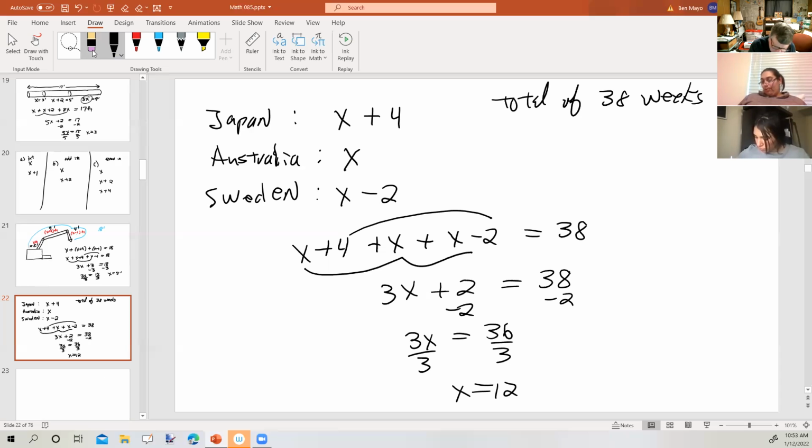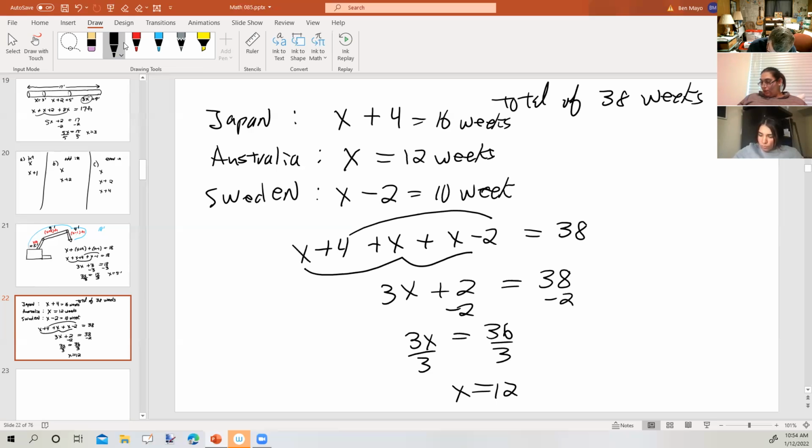So if X equals 12, Australia is 12 weeks. Japan is 12 plus 4, which is 16 weeks. And Sweden is 12 minus 2, which is 10 weeks. So there's the length of each stay. Any questions here? Nope. All right.